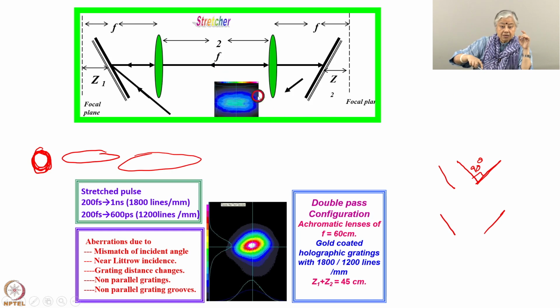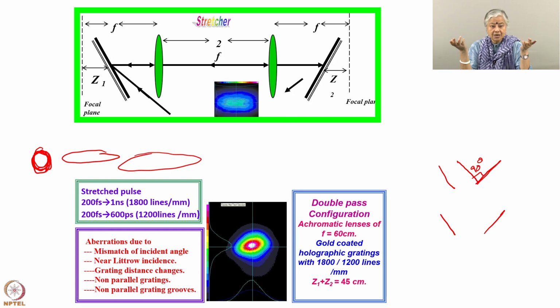And this part which is an ellipse like this is called the spectral walk-off, okay, because the spectrum has sort of walked off from its central position, and you pass it back once again, the spectral walk-off should disappear. Okay. So, there are two reasons for having this double pass.